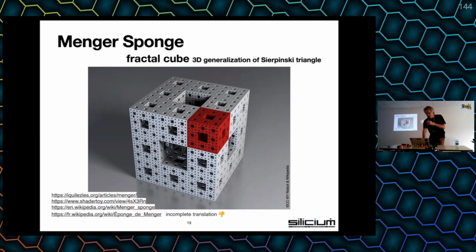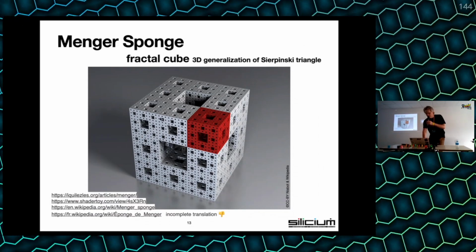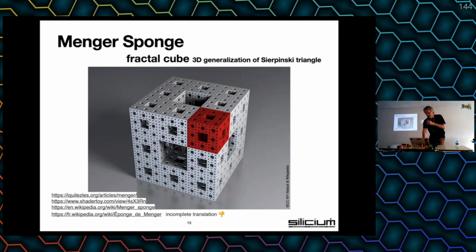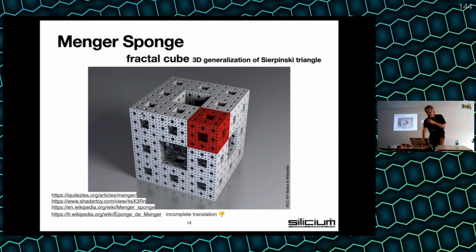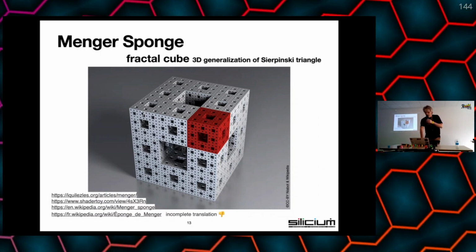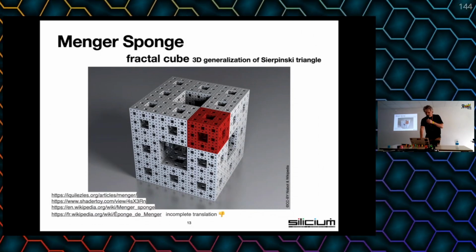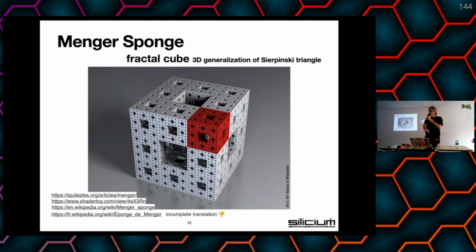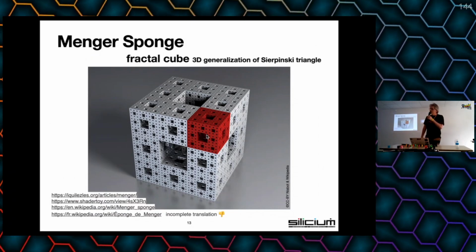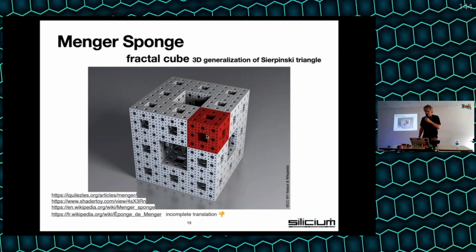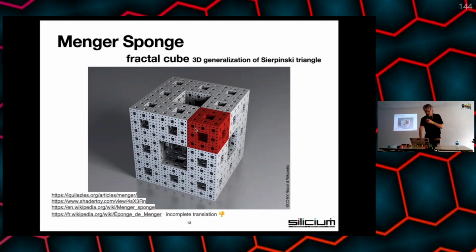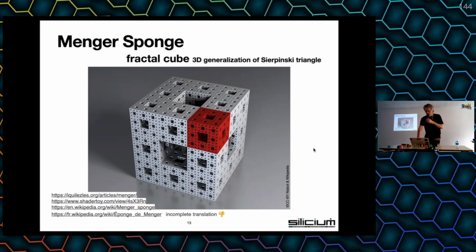And then you do that recursively. So in each of the cubes that are 1/3 the original size, you do the same thing, and again, and again. So when you want to draw that, you could compute triangles for this object, but that would be a lot of triangles. So it makes sense to search for alternative solutions, and a signed distance function for such an object, it's possible to build one.